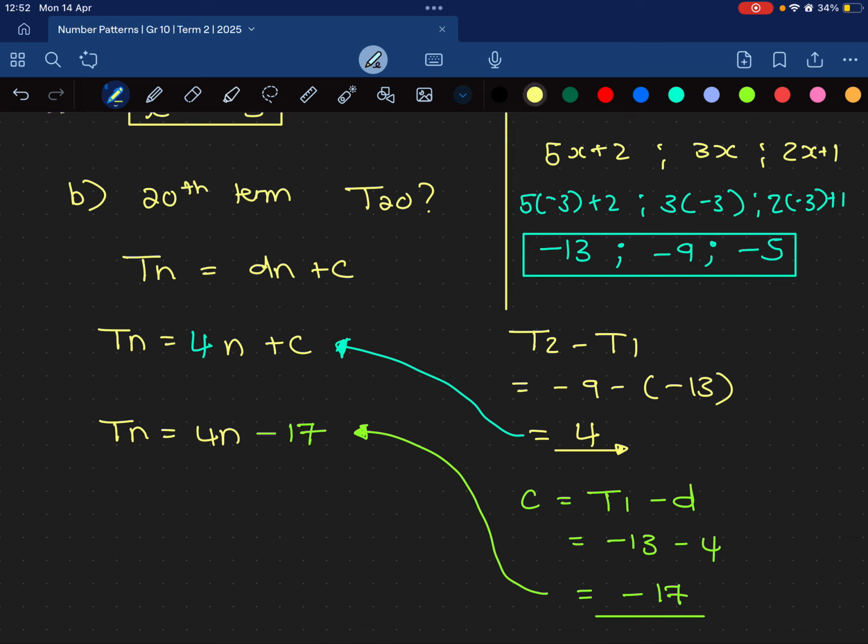Now it's quite easy to find T20, because we just substitute in 20 in place of n. So 4 times 20 is 80, minus 17 is 63. So that's the final answer there.